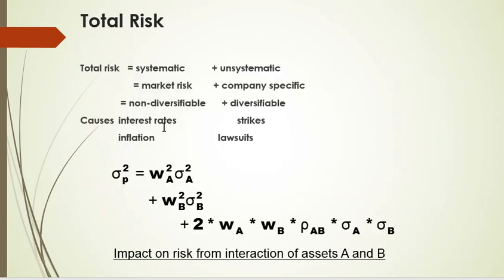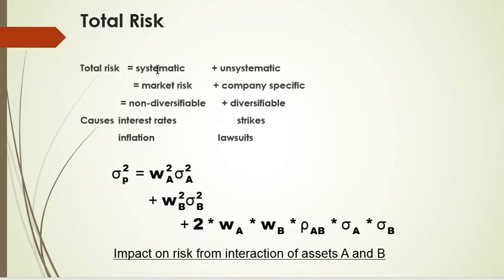So total risk has two parts: systematic plus unsystematic, market plus company-specific, non-diversifiable plus diversifiable. The things that cause market risk are things like interest rates and inflation. It affects all companies.